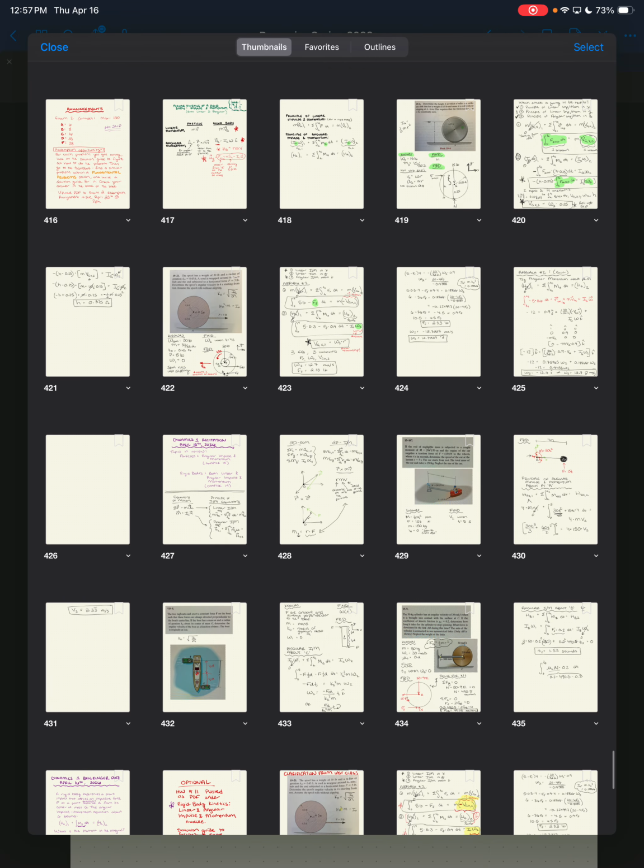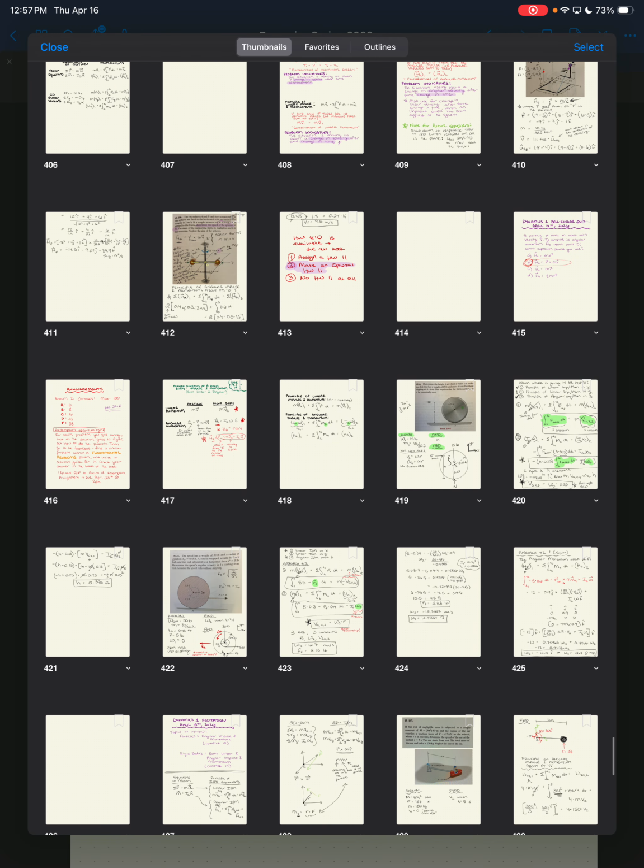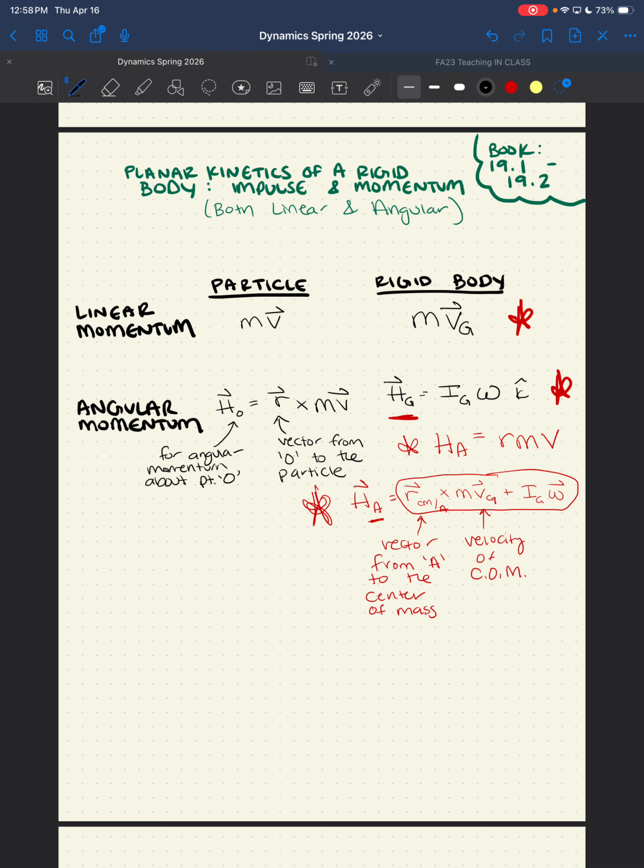So on the left-hand side, we should just have, what will be our r vector from O to where the particle's going to sit?